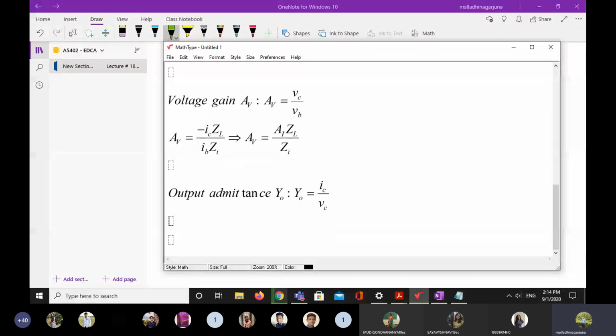When you are calculating output admittance, the load resistance ZL should be infinity, meaning open circuit.